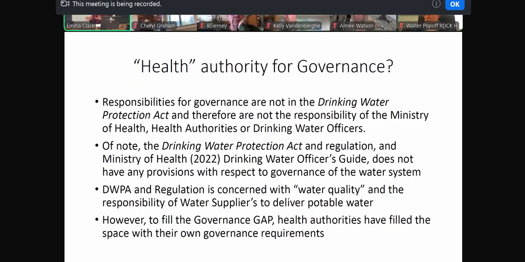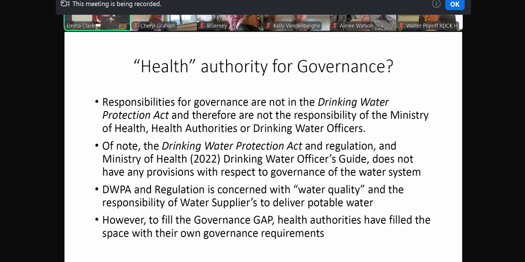I think that might be recognized by a number of people now, that this is a challenge. Perhaps some of the challenges going on around governance are because of this lacuna, so to speak, with well-meaning people trying to make sure people have safe water.